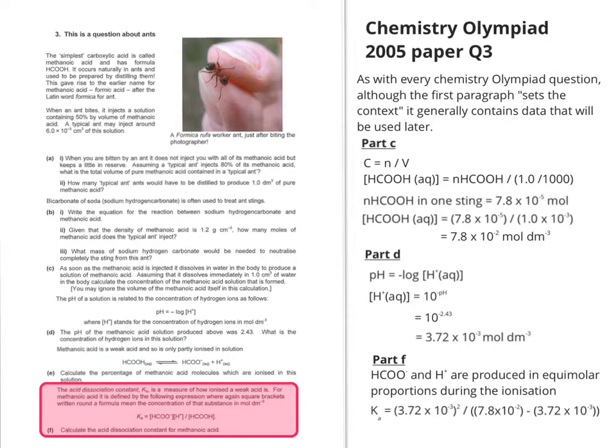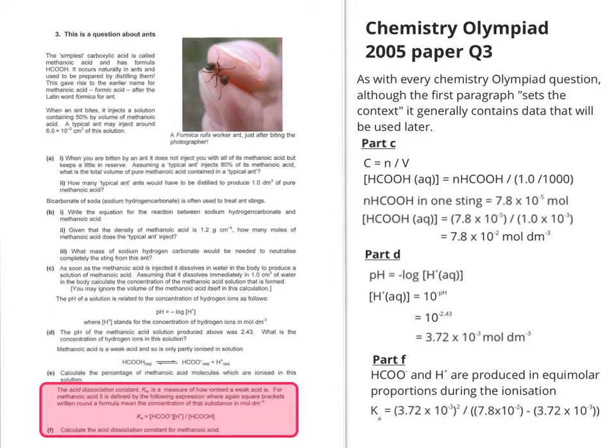If we think about the HCOO minus ion, which is also produced during the dissociation, they're in equimolar proportions, so you can take the hydrogen ion concentration and square it. Then you don't have to worry about the HCOO minus. That goes on top of your Ka expression, and what goes on the bottom is the remaining HCOOH.